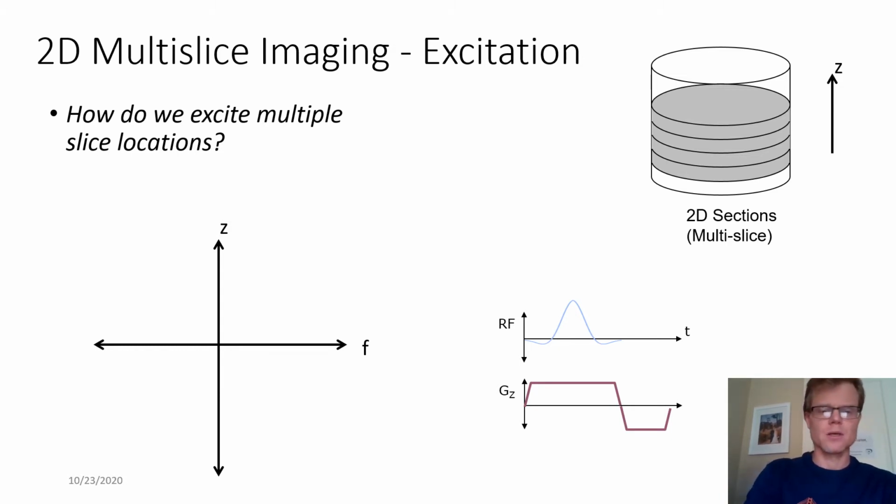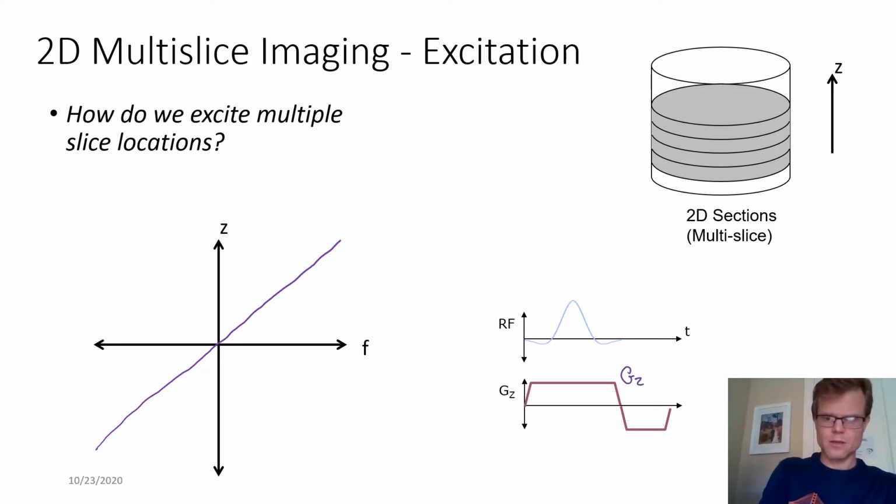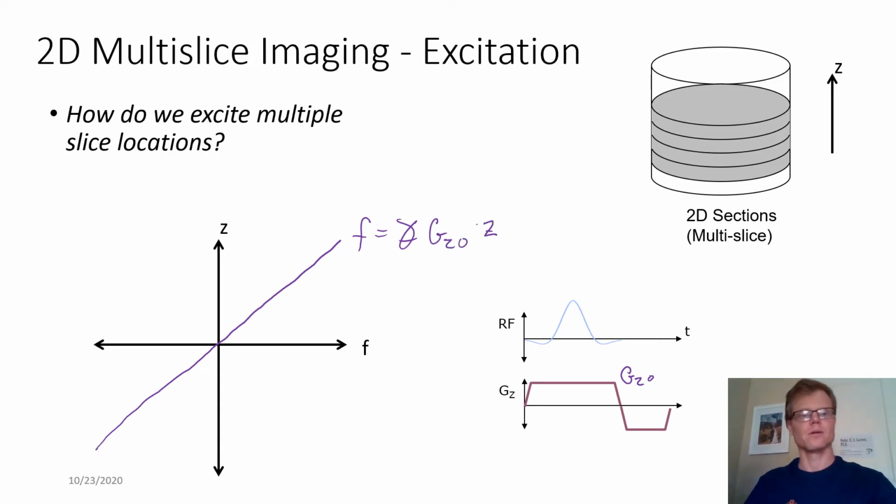To assess this, we want to remember that with our magnetic field gradient on, let's call this some amplitude GZ0, we have this relationship that the frequency is gamma bar times the gradient amplitude times the spatial position, or equivalently the spatial position is the frequency divided by gamma bar GZ0.